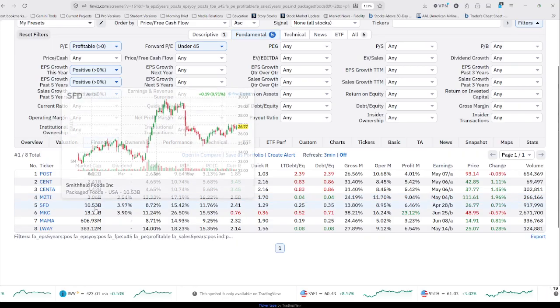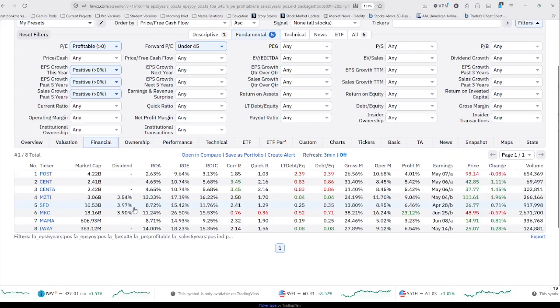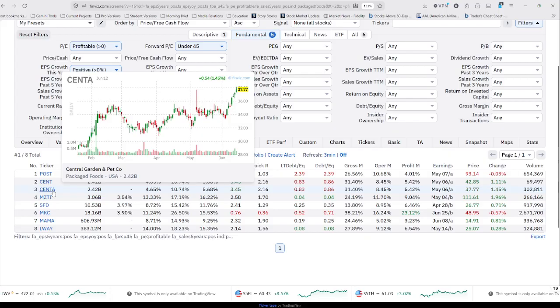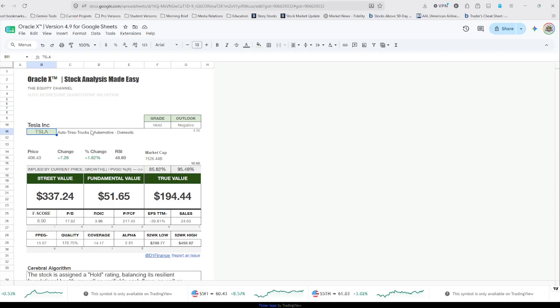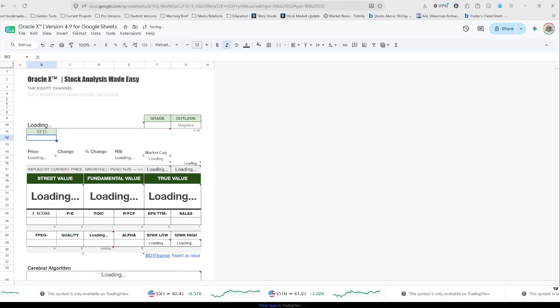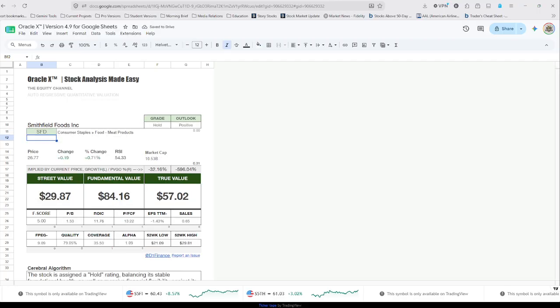All right. Now, let's go back over here real quick. Okay. SFD. The company does have a positive outlook. So you can see right here, the return on invested capital is fine.